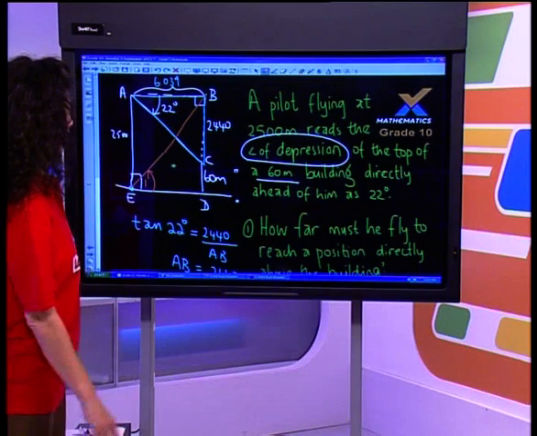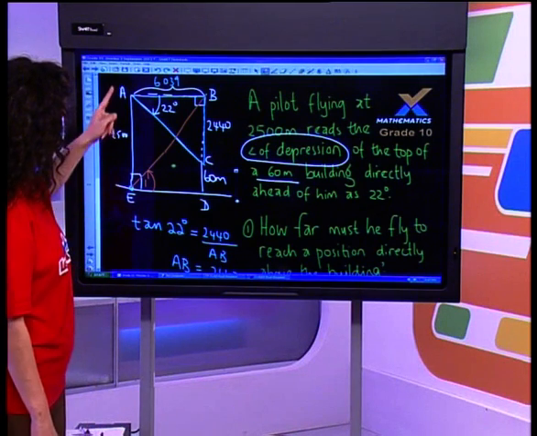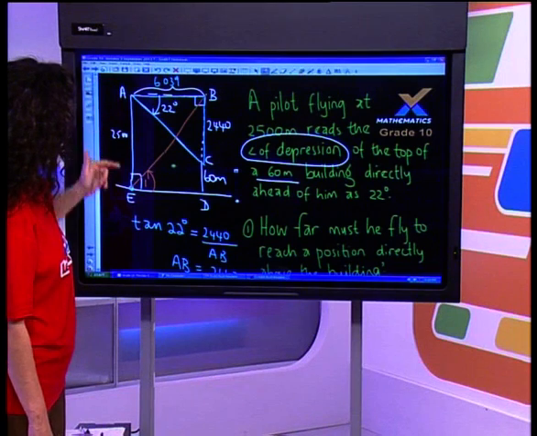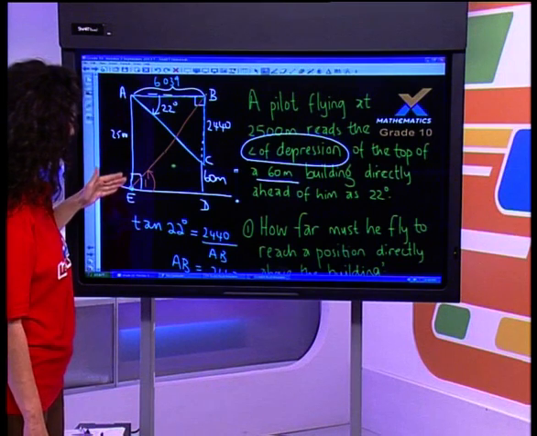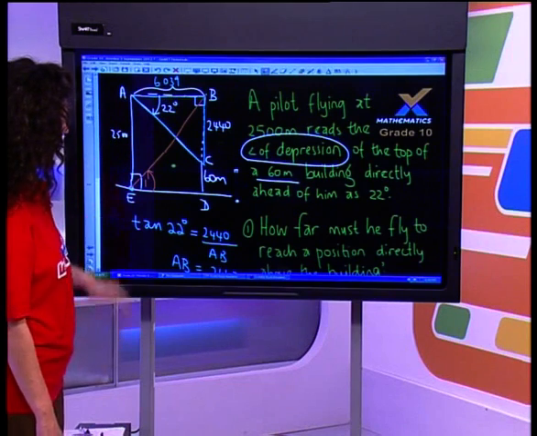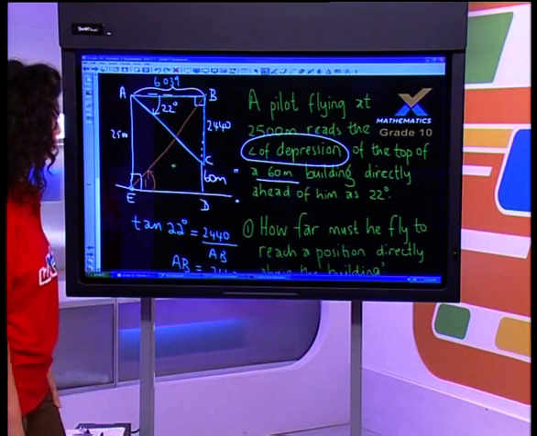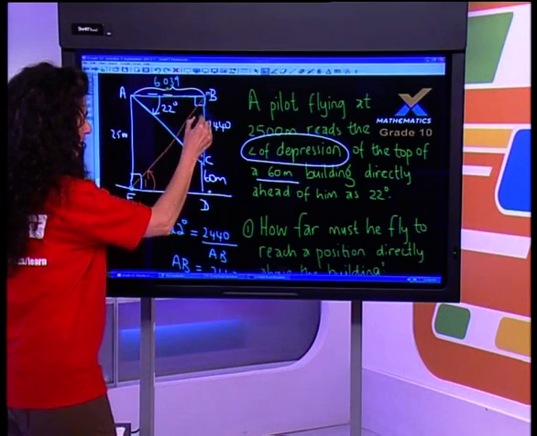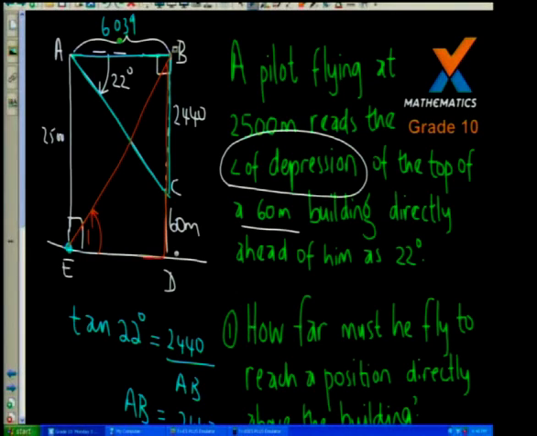Right, so the pilot's first position was at A, position directly below him would be at E, and now we are looking at B and we're getting that angle of elevation. So we've now created this new right angle triangle. It's all about finding the correct right angle triangle.